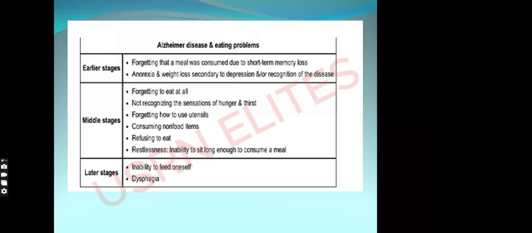I read that since they begin to forget stuff, they try and make up stories, maybe so their family members do not recognize the problem or the condition they are experiencing. Is that how it is?